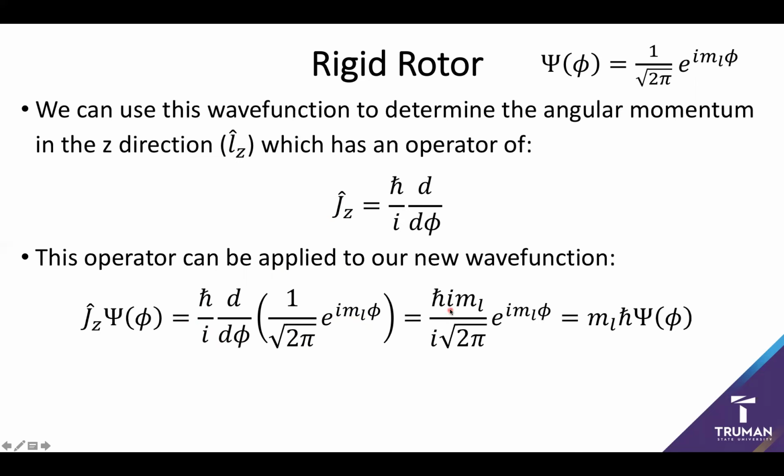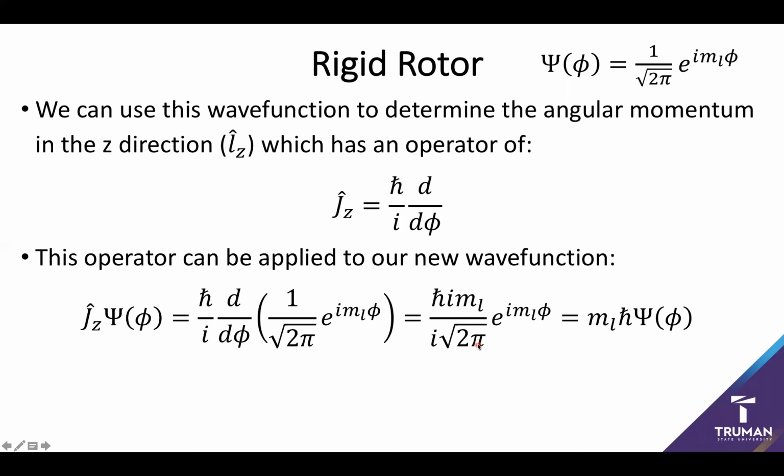So from here, I can then look for cancellations. So we now introduced an i, so that's going to cancel out with the i brought on as the prefactor for the operator. And we're just left with h bar m sub l over the square root of 2 pi.